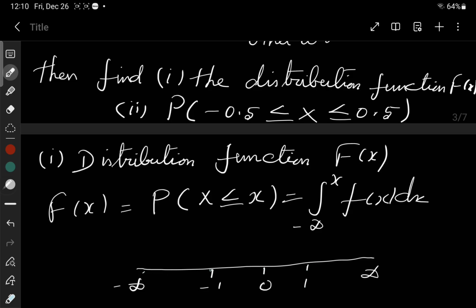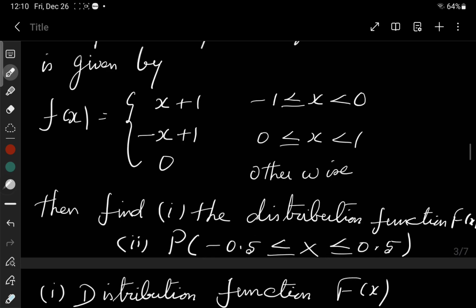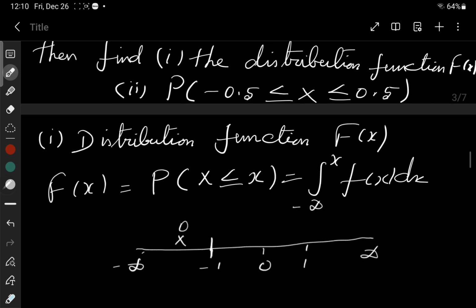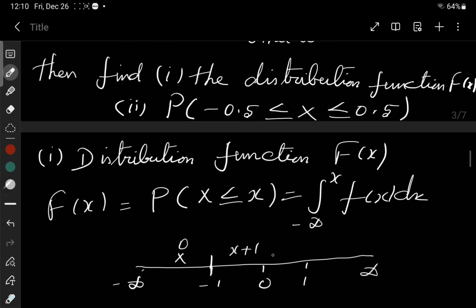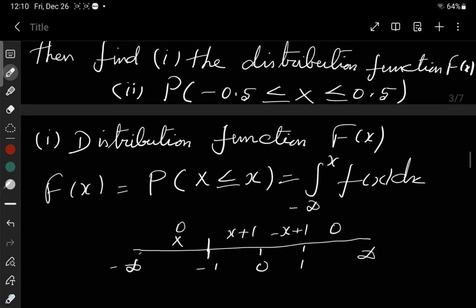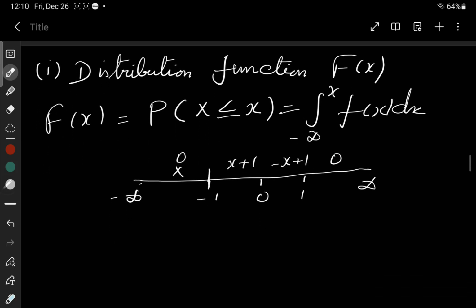The function is not defined for less than minus 1, it is 0, and for minus 1 to 0 the function is defined as x plus 1, and for 0 to 1 the function is defined as minus x plus 1. After 1 the function is not defined, it is 0. So we have 4 cases for this distribution function.